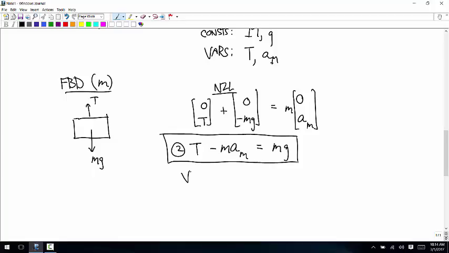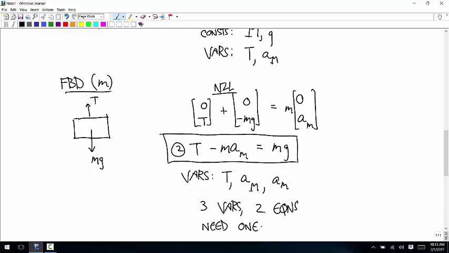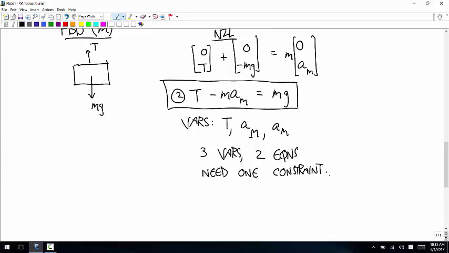And so now the variables we have are T, A big M, A little m. And so we have three variables, two equations, and so we need one geometric relationship, one constraint equation. And where does that constraint equation come from? There's a relationship between those two accelerations.